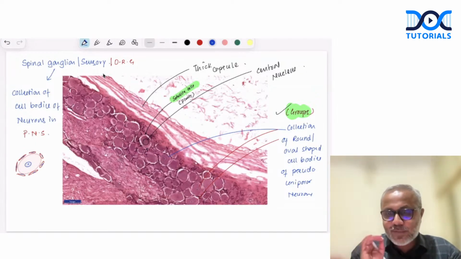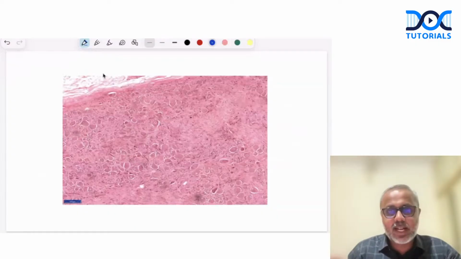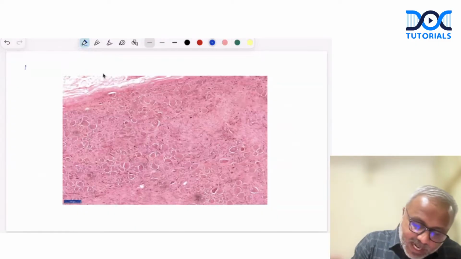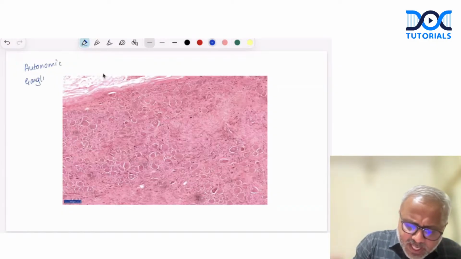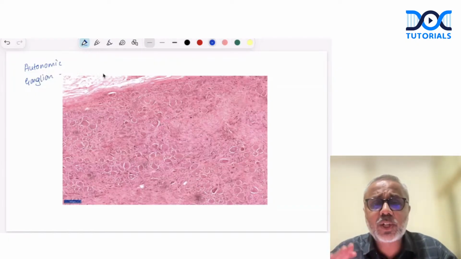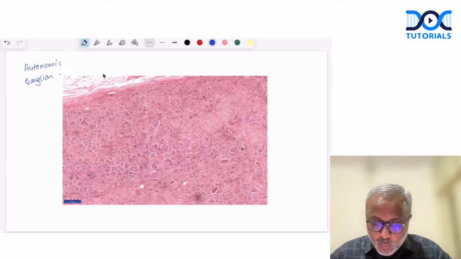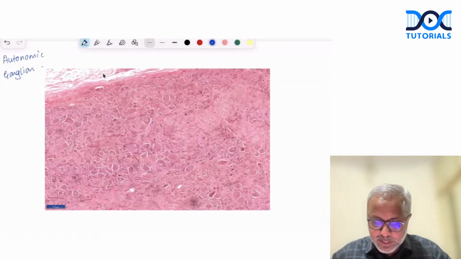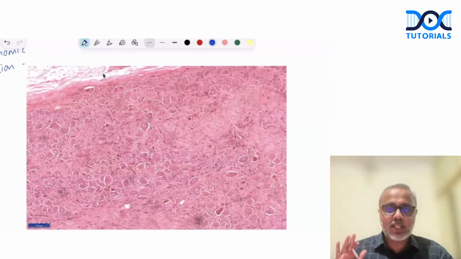Now, let's for a moment take a look at this slide. Now, what is this slide? This slide is the slide of the autonomic ganglion. Fine. Autonomic ganglion, you can call it the sympathetic ganglion. This is the slide of the autonomic ganglion. Now, what is the striking difference between the two that you will see here?